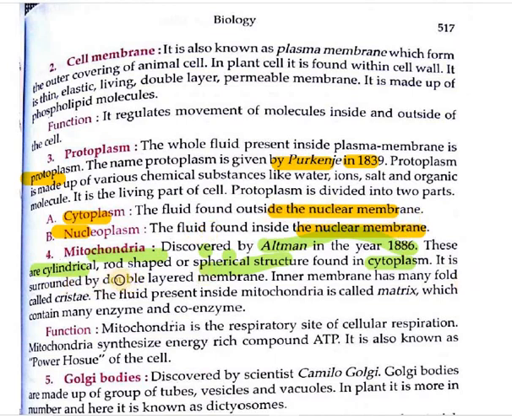It is surrounded by a double-layered membrane. The inner membrane has manifold folds called cristae. The fluid present inside the mitochondria is called matrix, which contains many enzymes and coenzymes.